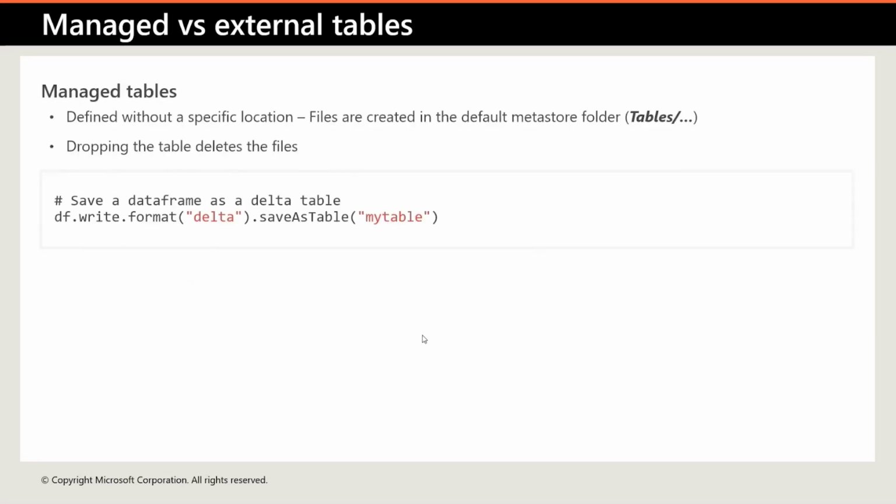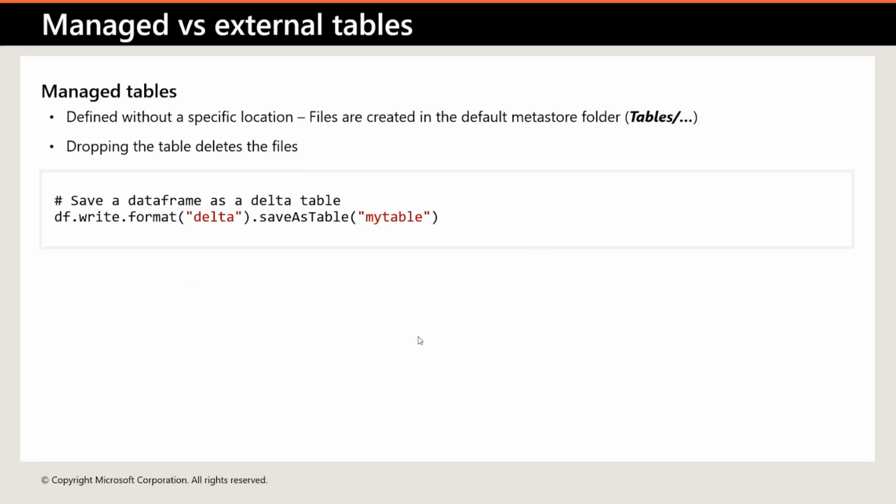Now let's see what is the difference between managed and external tables. So in managed tables, the table definition in the metastore and the underlying data files are both managed by the Spark runtime for Fabric Lakehouse.